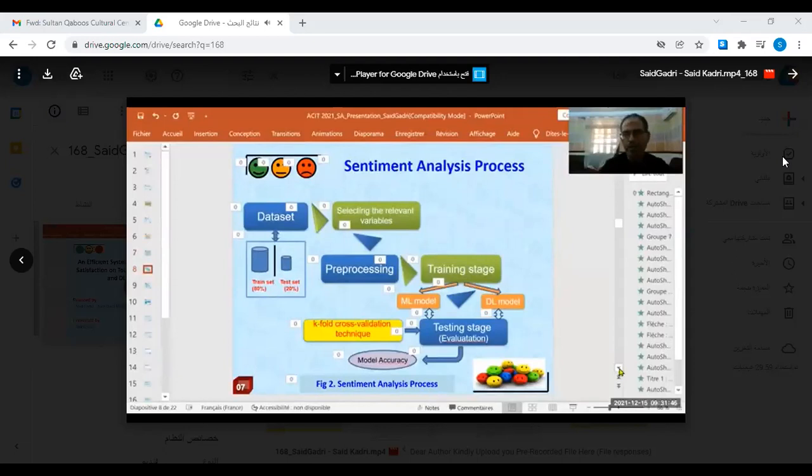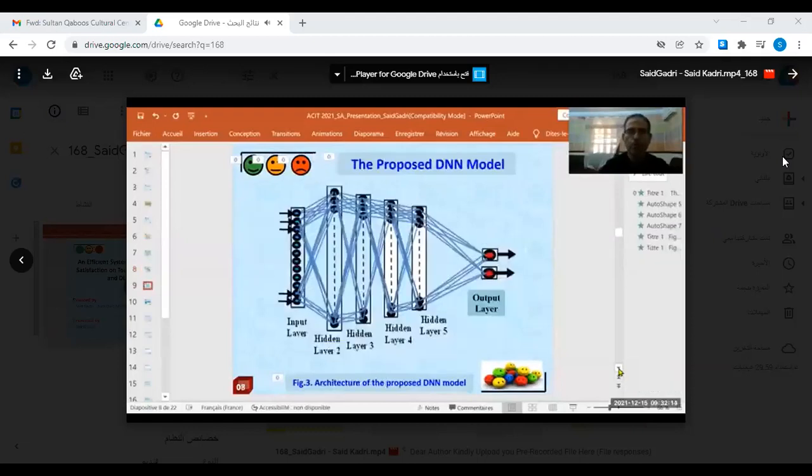When we establish the machine learning and deep learning models, we must proceed to the testing stage to evaluate the performance of these models. We generally use the K-fold cross-validation technique to get the accuracy of the model, or to evaluate the performance of our model, either the machine learning model or the deep learning model.